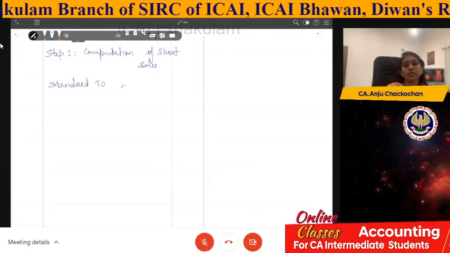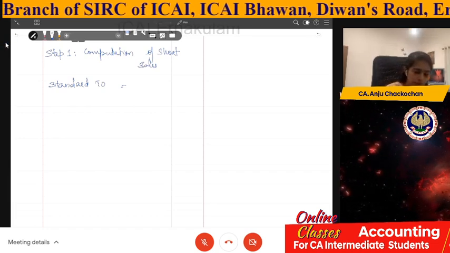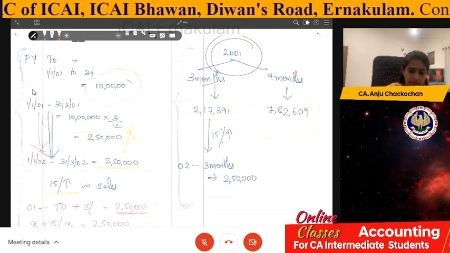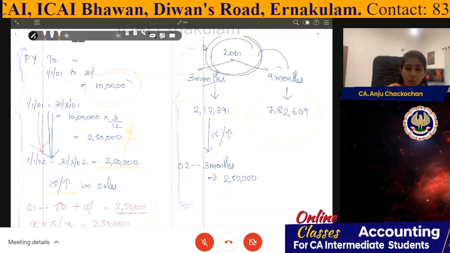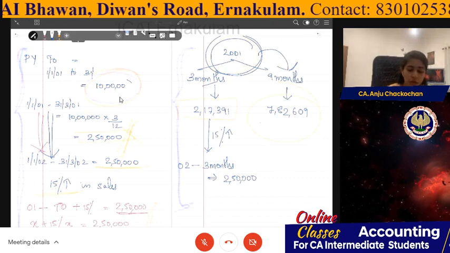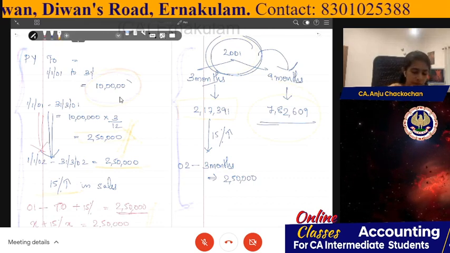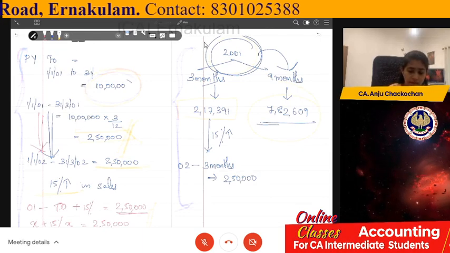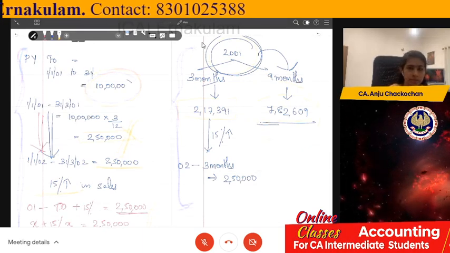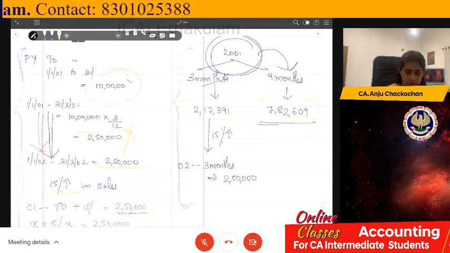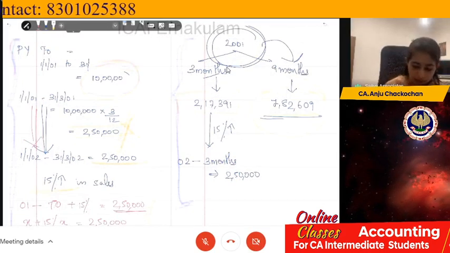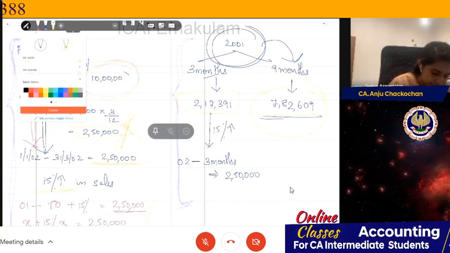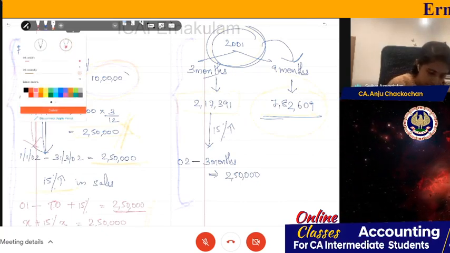Exactly the same turnover of the same period in the previous year is what we need. As we did in the previous year 2001, the last 9 months turnover is 7,82,609. And we obviously know that the current year's fire occurred in this period.